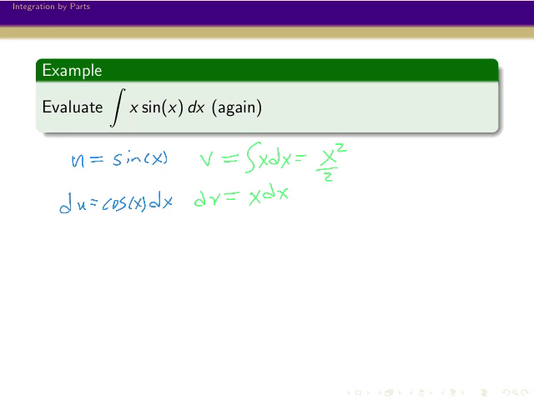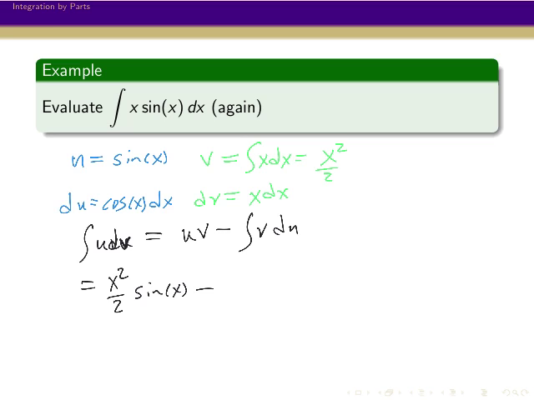Okay. And so now if we apply the integration by parts rule, u dv is equal to uv minus the integral of v du. And so we would get u times v would be x squared over 2 sine of x minus, well, what's the integral we get?